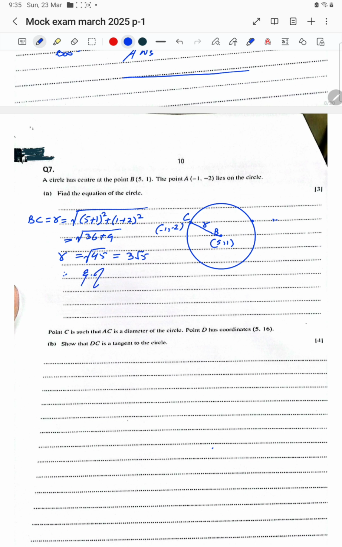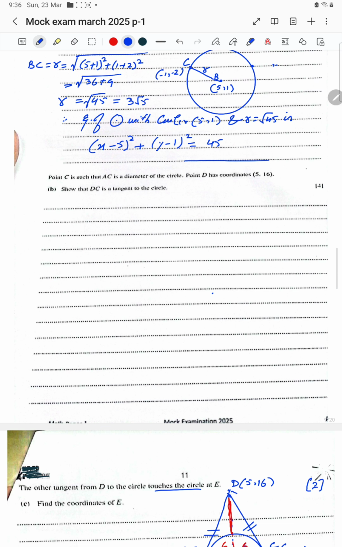Therefore the equation of circle with center (5, 1) and r root 45 is (x - a)² + (y - b)² equal to r², that is 45. This is a 3 marks question.